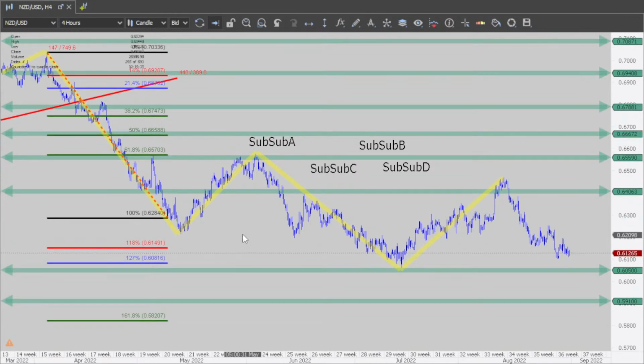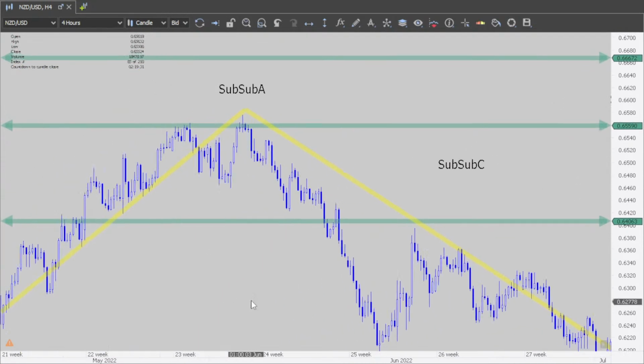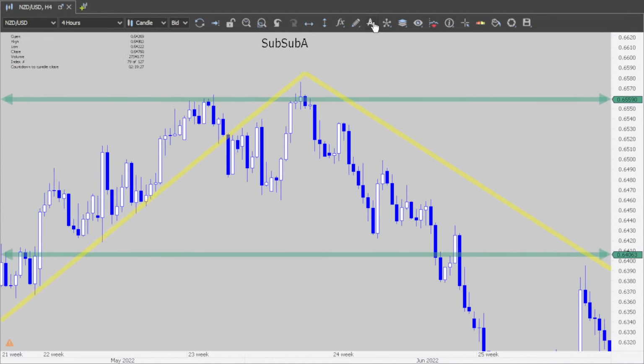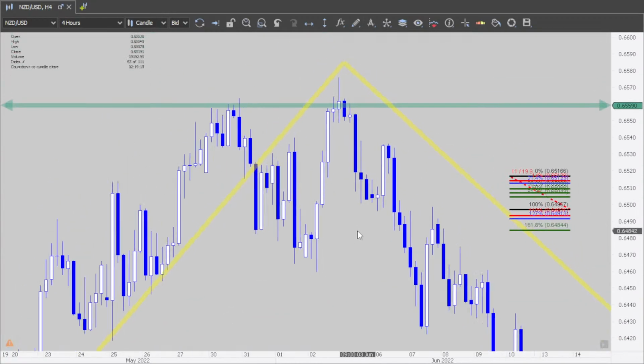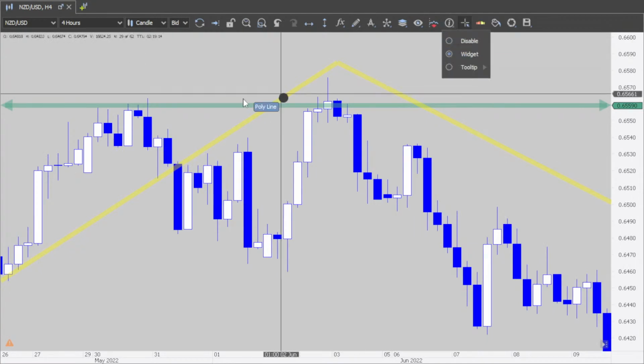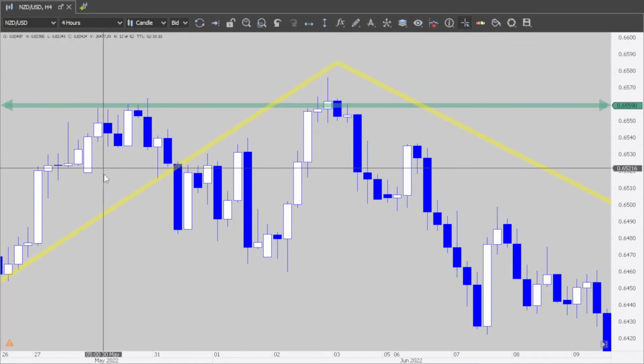Sub A, sub B. We are going to zoom in on the chart, and this would be the sub A, sub B. Not sure about those candles in here. See in here, this is the challenge. We're going to use the tool. Okay, where is the widget?